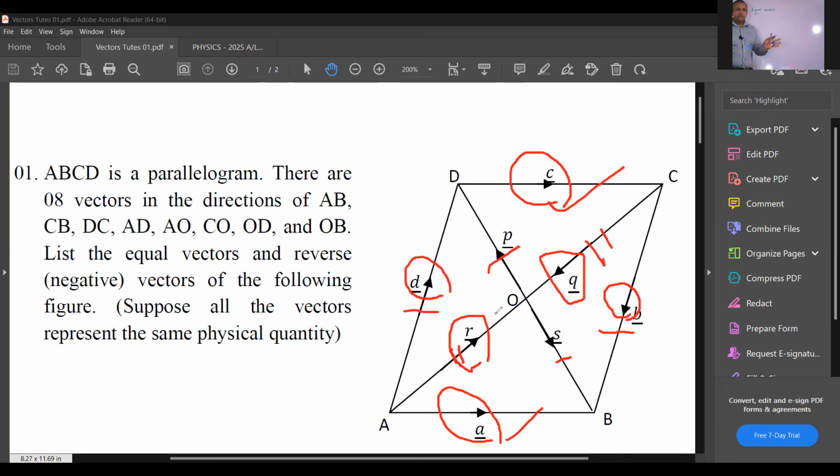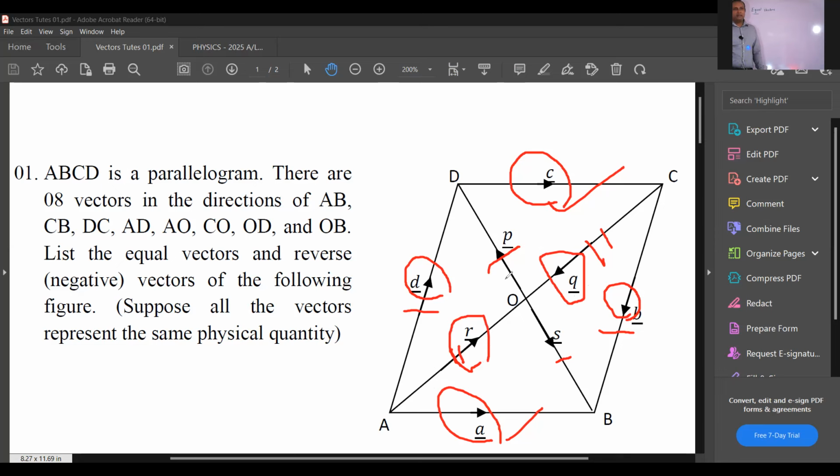Both have the same magnitude, because AO equals OC. Both have the same magnitude, but the arrowhead directions are in opposite directions. Therefore, R and Q are two negative vectors.